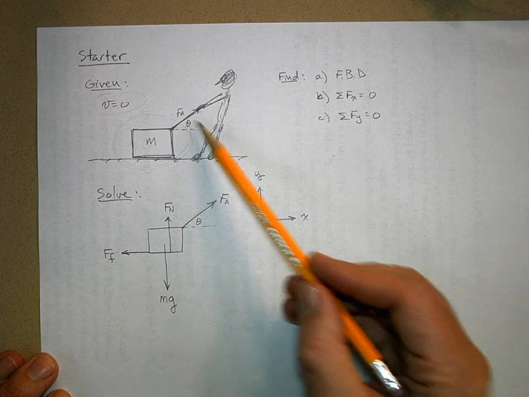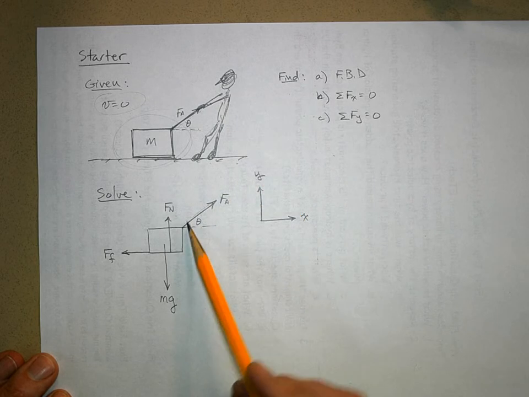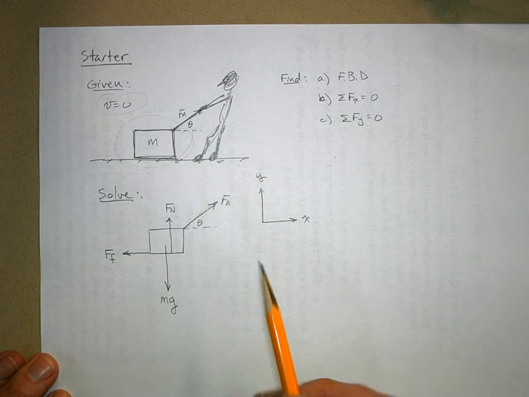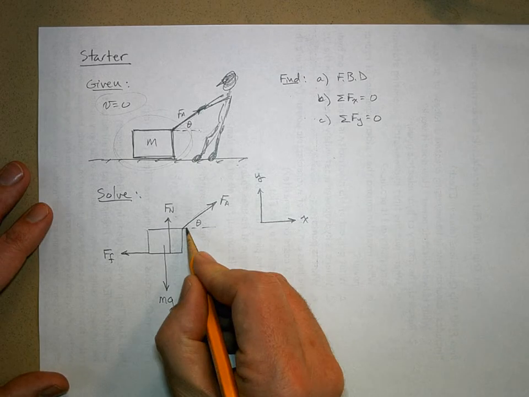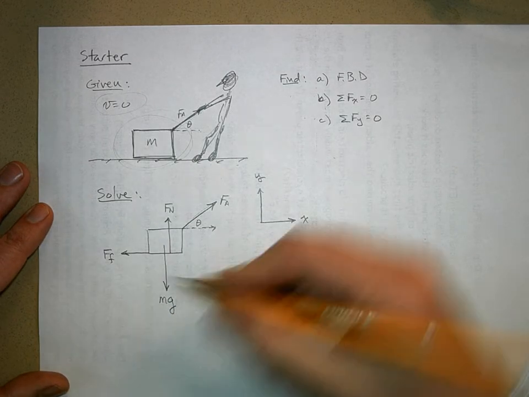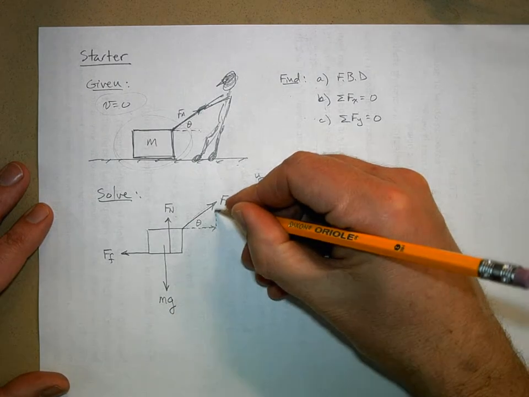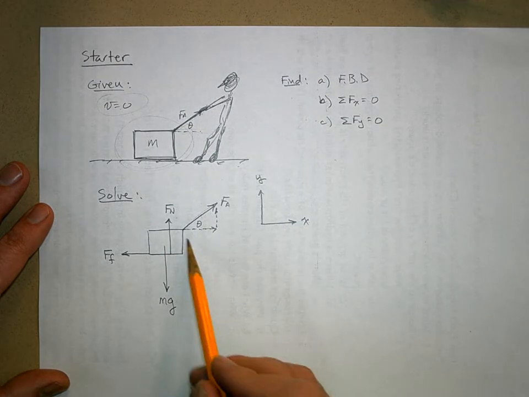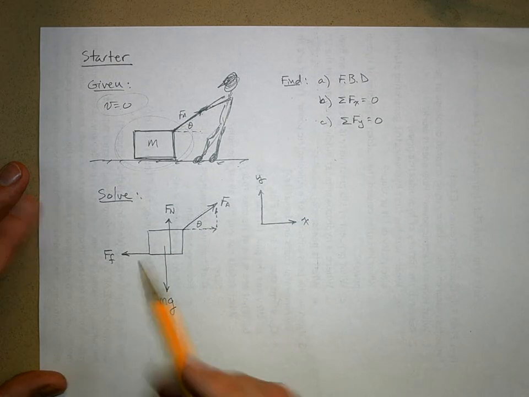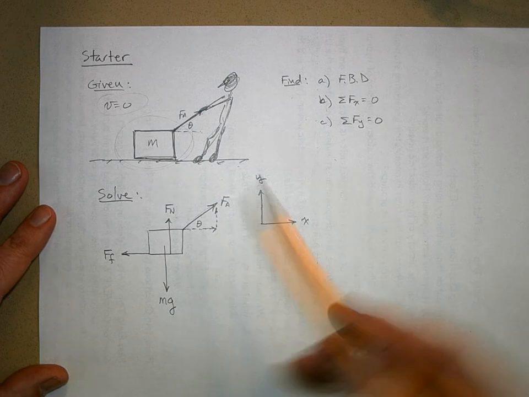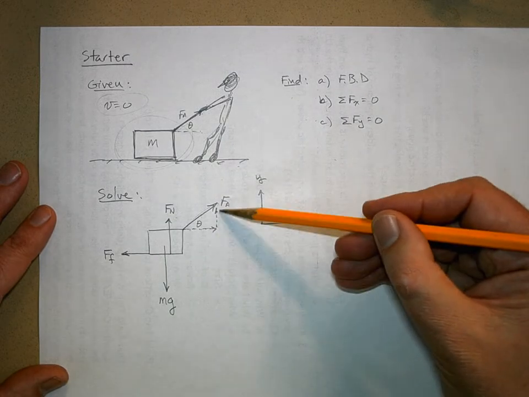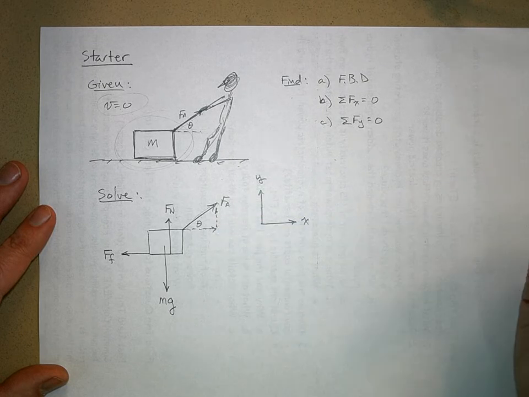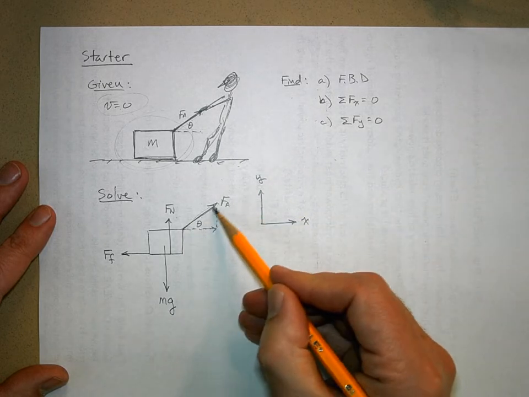You see, this guy is pulling the rope. That means that he's pulling up on the crate and pulling to the right. So he's pulling to the right and he's pulling up. Now, this makes a little right triangle, doesn't it? And we can express those x and y components using trigonometry. This is the applied force.